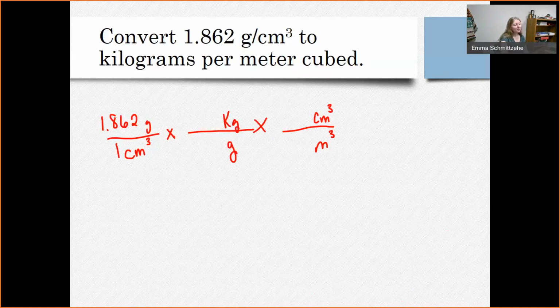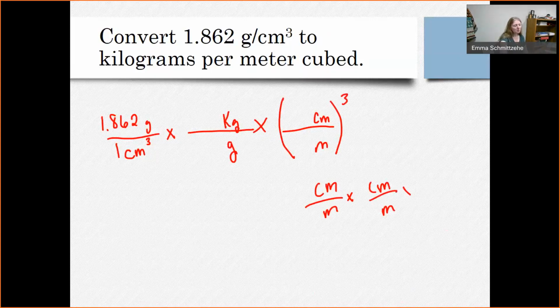Now that tends to confuse people because we usually don't know a relationship between cubic units. So it can be helpful to, instead of writing that, say we don't want centimeters, we want meters, and really you need to cube that. So essentially you're taking centimeters per meter times centimeters per meter times centimeters per meter.